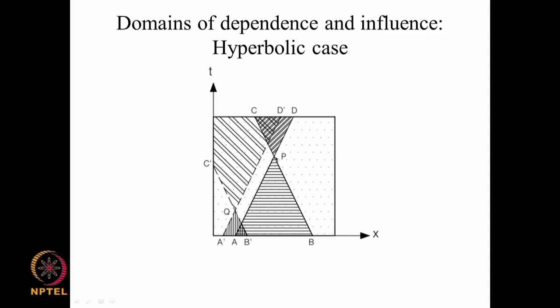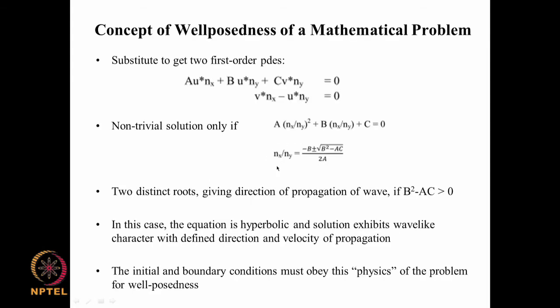Okay. So, that means that the value of P depends on the values within this zone, and any solution outside this zone will not influence it. And how is this area identified? By the characteristic lines that we have evaluated based on these slopes here.